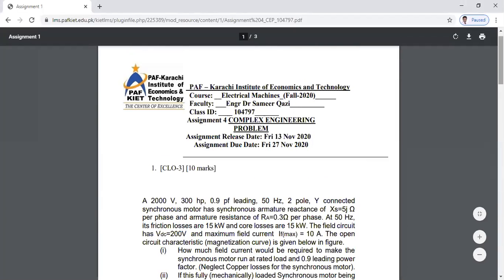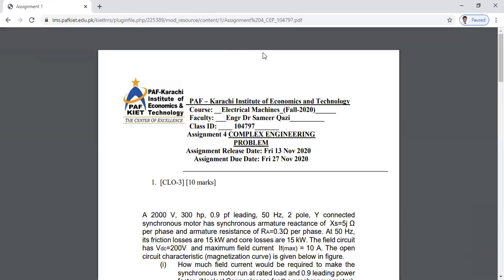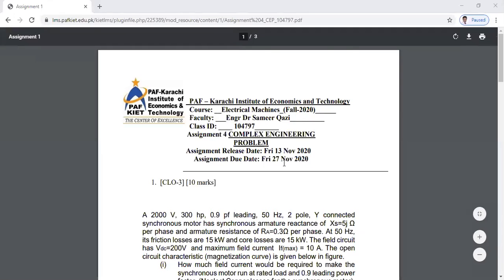Please complete both assignments, assignment number 4 and assignment number 3, on time, and submit on the LMS. And inshallah, from next week we are going to study the topic of the DC machines. Okay, is everyone clear about the complex engineering problem?